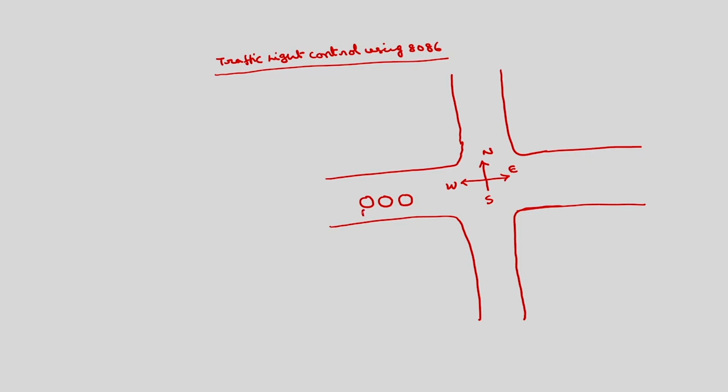So, one is R, G, Y. R is red, which indicates stop. G is green, which indicates proceed.